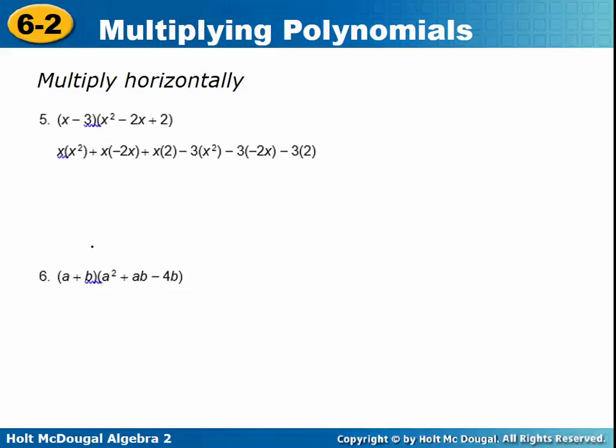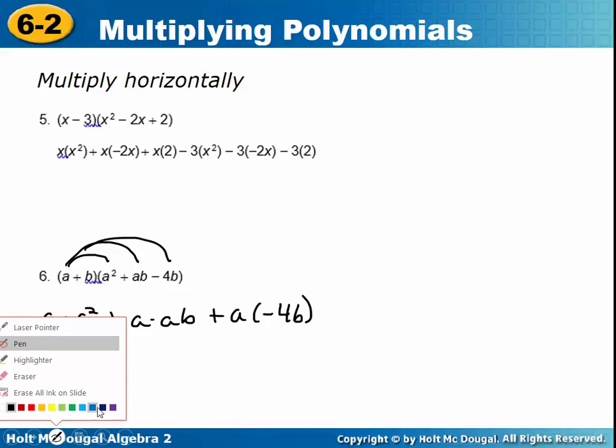Let's do number 6. It doesn't matter if you do A times each of these and then B, or B first and then A, but I'll just go A. So I'm going to multiply A times each term in the parentheses. That's A times A squared plus A times AB plus A times negative 4B.